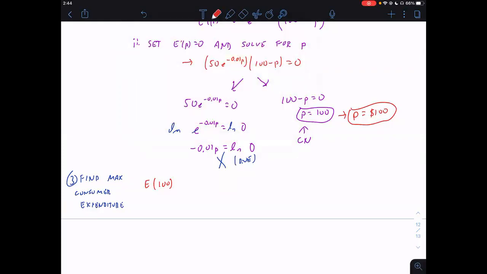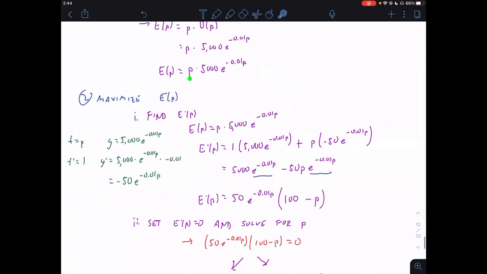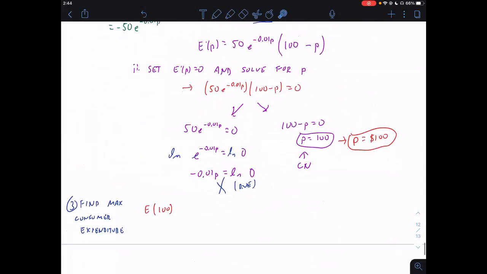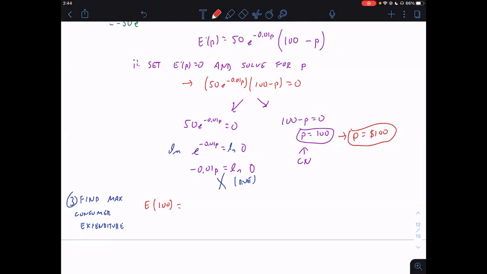So plug 100 into E of P. Again, E of P is defined as P times 5,000 e to the negative 0.01 times P. So you're going to have 100 times 5,000 e to the negative 0.01 times 100. Let's use our calculator to find this answer.